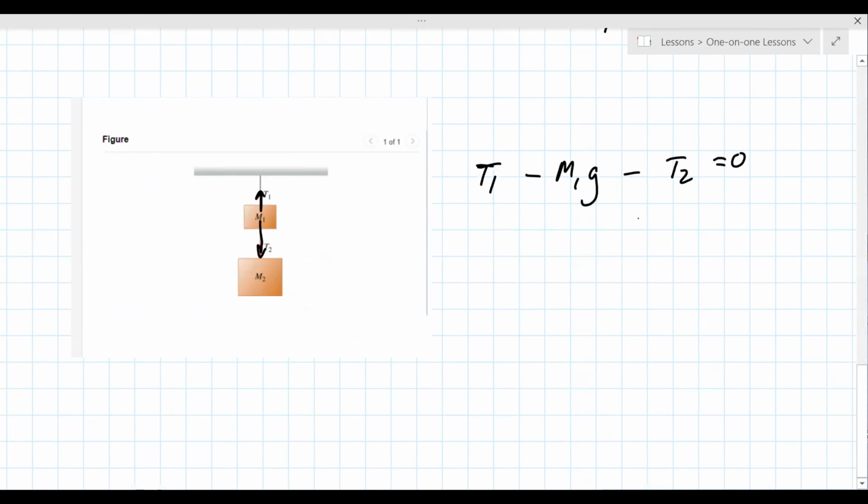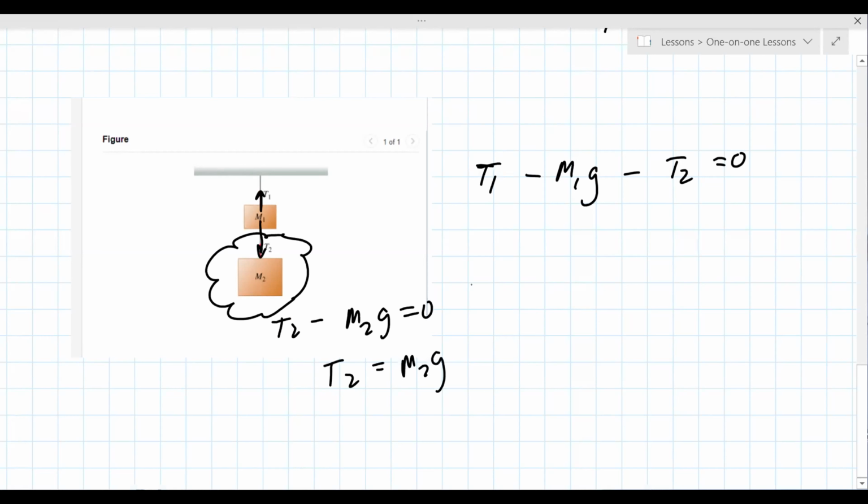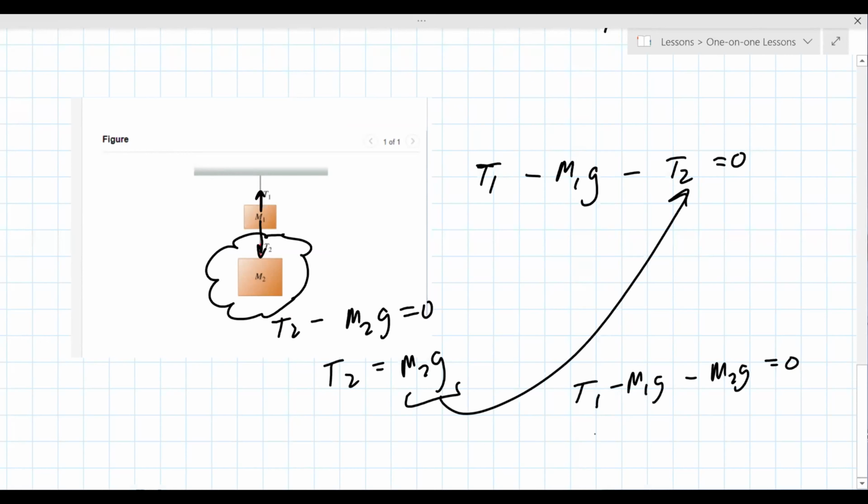Well, if you just look at this part of the drawing, we know that T2 minus M2G equals 0. So we need T2 equals M2G. So that means that this comes up here. So we have T1 minus M1G minus M2G equals 0. T1 equals M1G plus M2G. Oh. Because the block is adding to it. Okay.